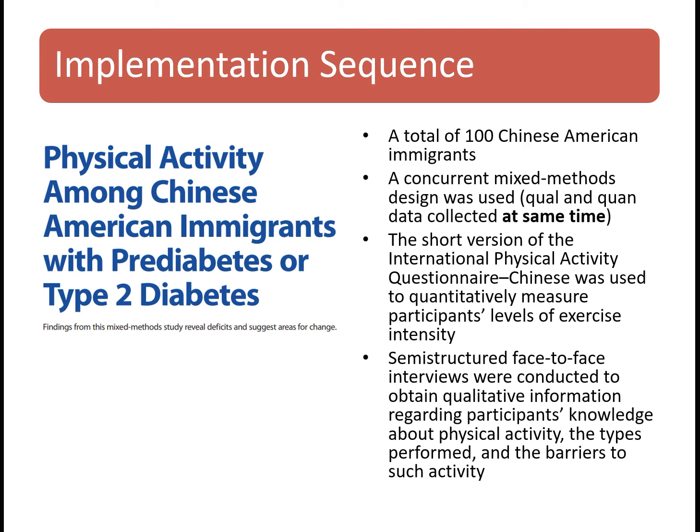Just as an aside, the International Physical Activity Questionnaire is one of the most widely used scales worldwide for measuring physical activity on a survey. It has been widely studied and shows very good reliability and validity.